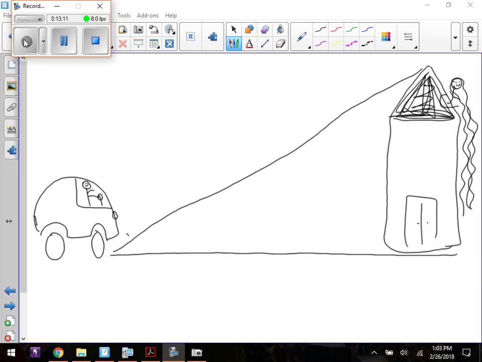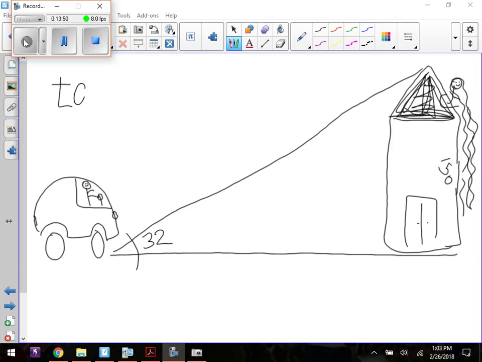The tower is 150 feet tall. So the tower is 150 feet. And we need to figure out how far away the car is from the tower.